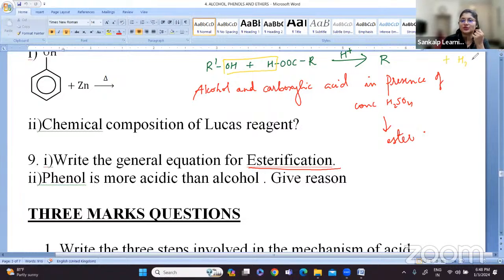The byproduct is H2O. So this is alcohol, this is carboxylic acid, and this is an ester, in the presence of acid, that is H plus ions.